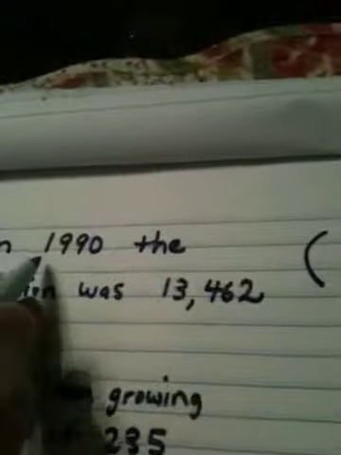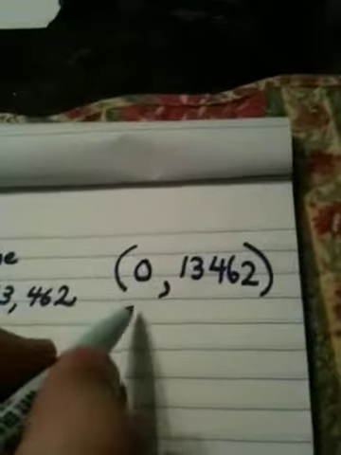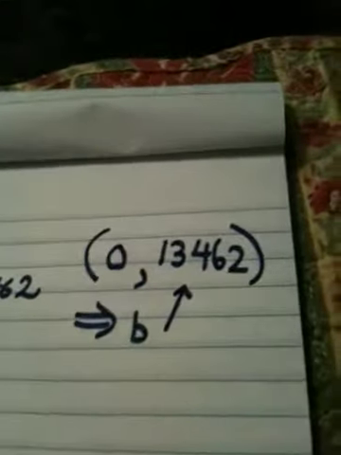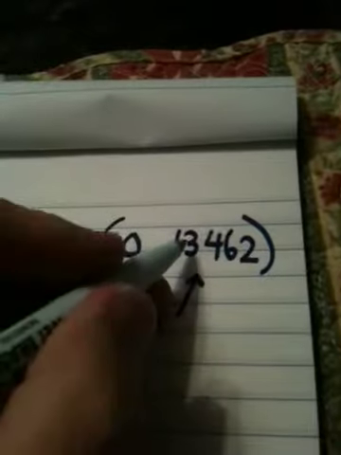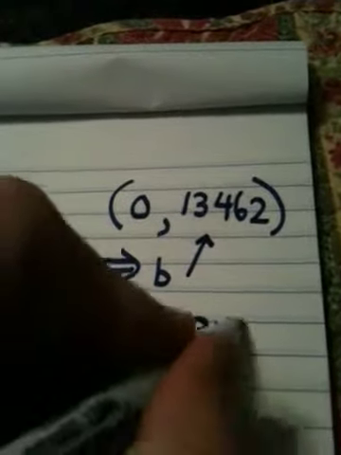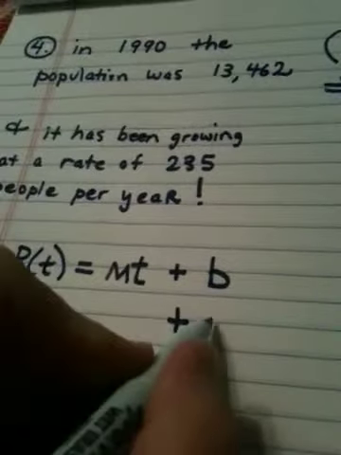Well, if I'm in 1990, 0 years have gone by, and the population is 13,462. Well, guess what? I have just been given b. Whenever this is 0, this number is b. So they snuck b right in there, which is wonderful.